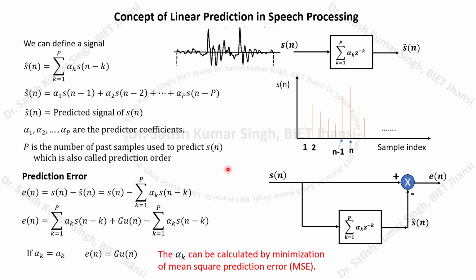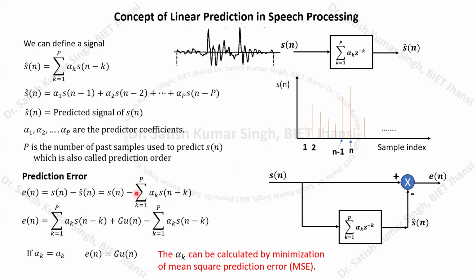We had already seen that this prediction error will be given by this particular equation: e(n) equals s(n) minus the sum over k equals 1 to p of alpha k times s(n minus k). So here we have to evaluate these values of the prediction coefficient, or predictor coefficient, alpha k.